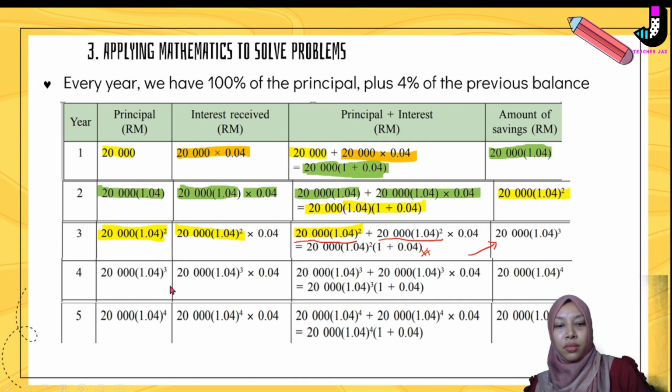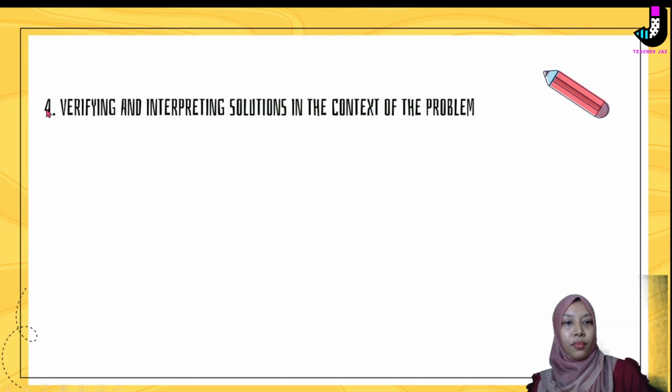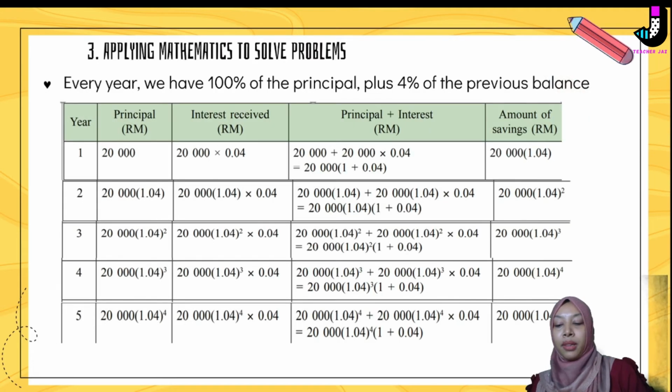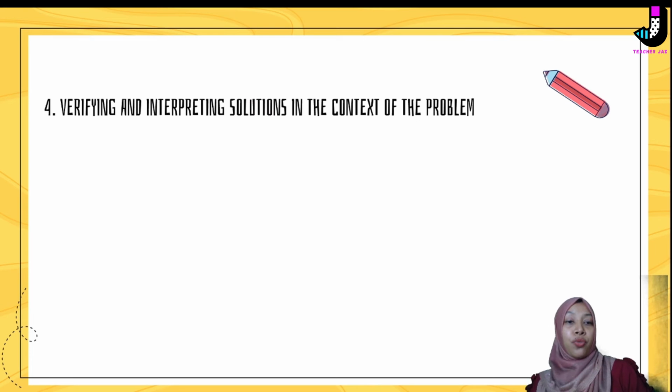Okay, here it's just the same step. You will see a pattern here. So from this, applying mathematics, the fourth one, you need to verify and interpret solutions in the context of the problem.